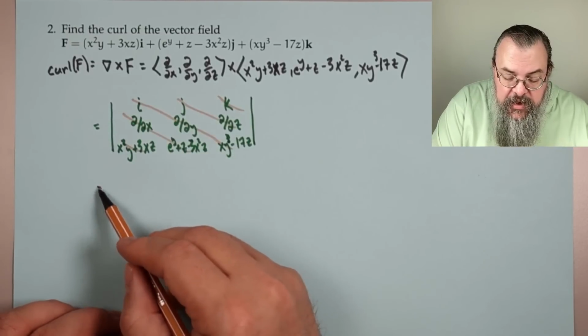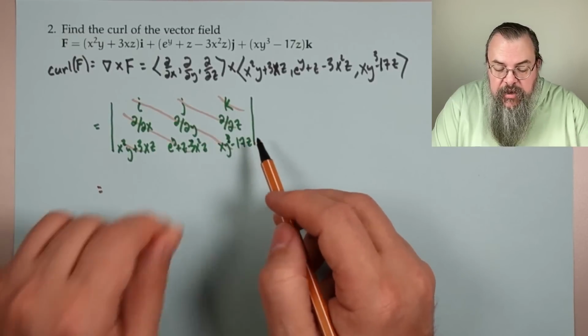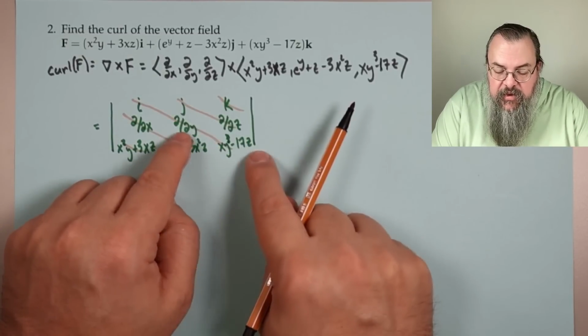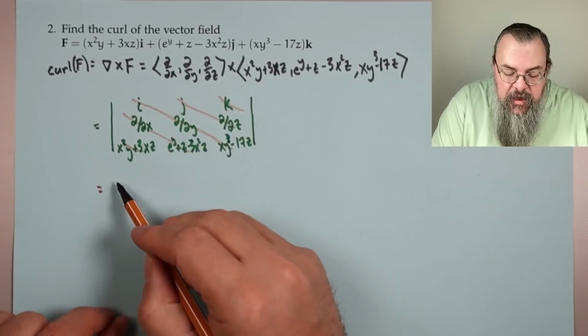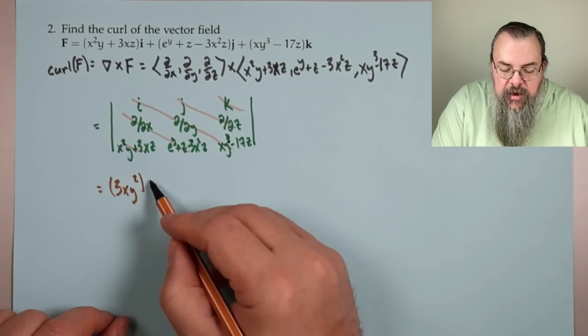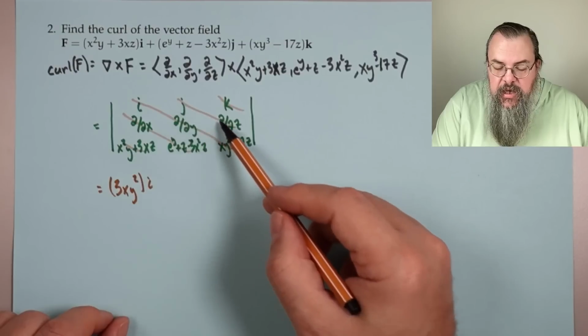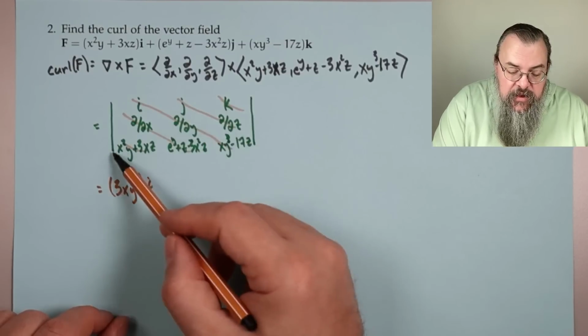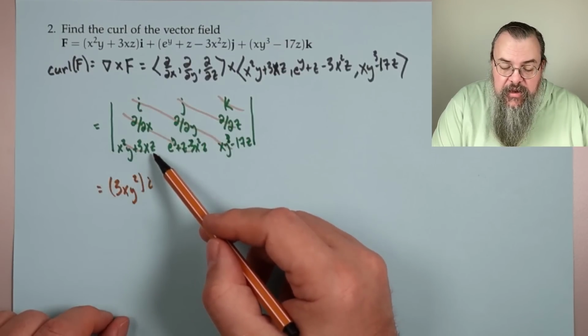And that's in the i direction. Because we're taking the derivative with respect to y, z and x are constants. So we're going to end up with 3xy squared. Okay. Now, j, partial z of x squared y plus 3xz.